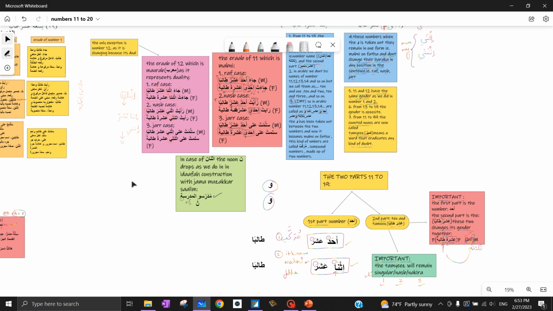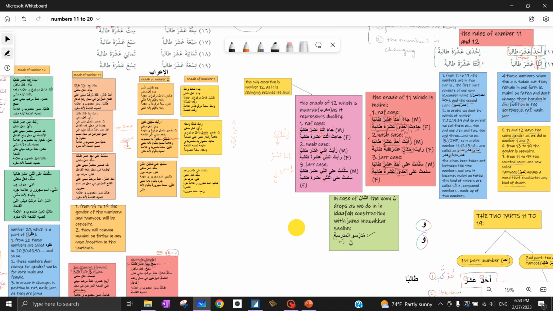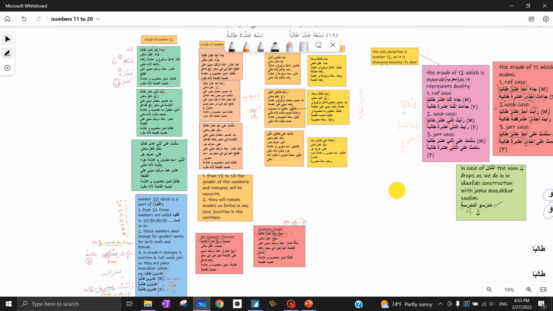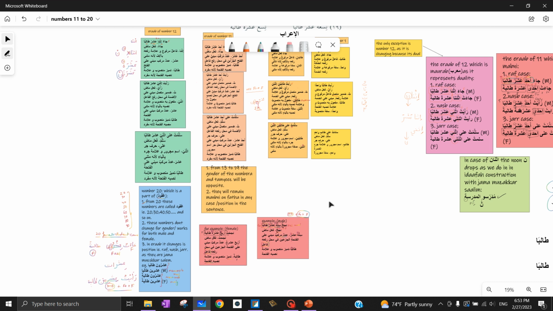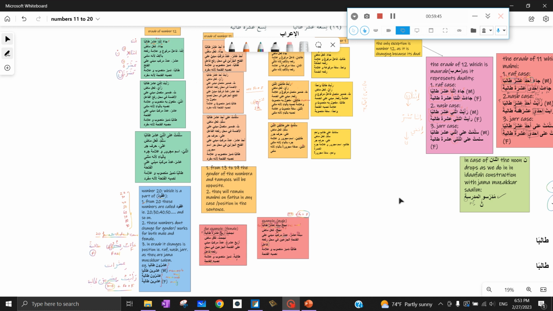From 11 and 12 and 13 and 14 till 19 it's the same Arab here, this is 11, this is 12, and this is for number 20. So Alhamdulillah, I did finish with the Arab and number rules for 11, 12, 13 to 19 and 20.